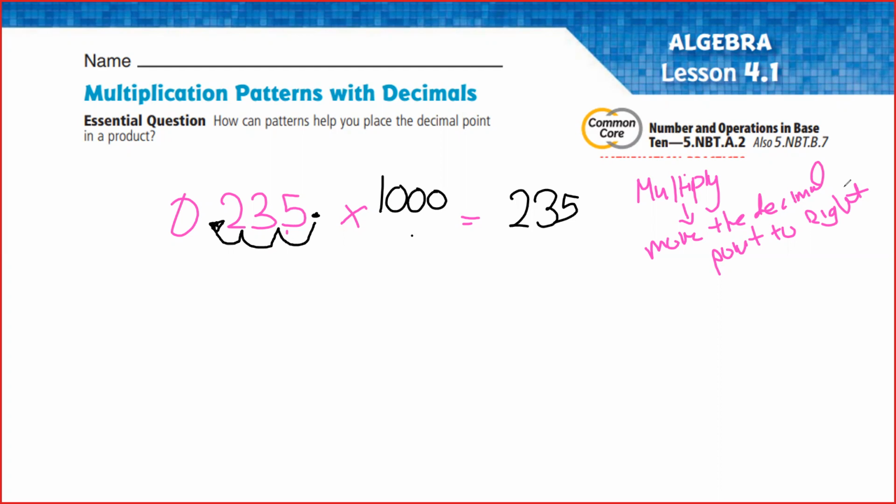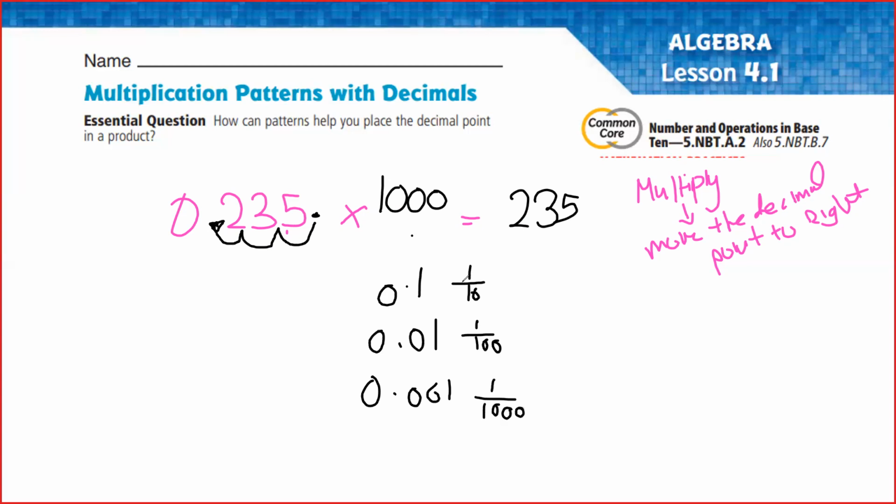What can we do now if we multiply by 0.1 or 0.01 or 0.001? 0.1 is the same as 1 over 10. 0.01 is the same as 1 over 100. And here, it's the same as 1 over 1000.